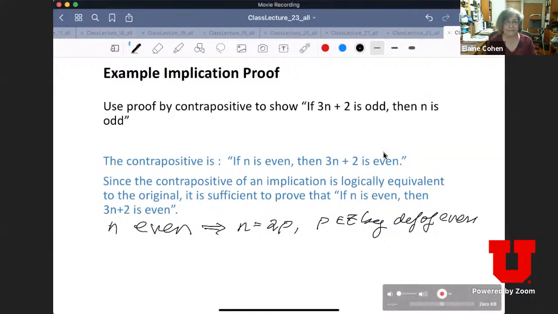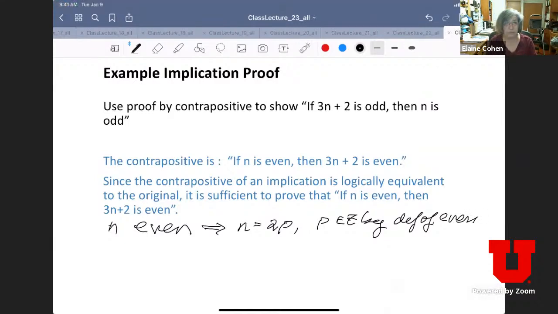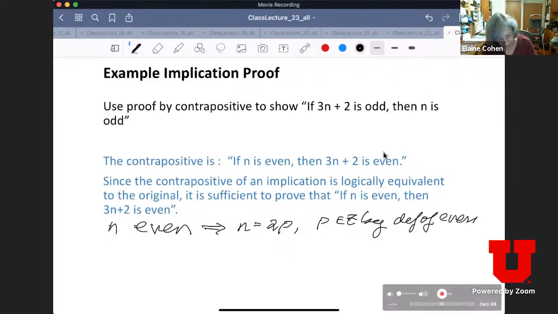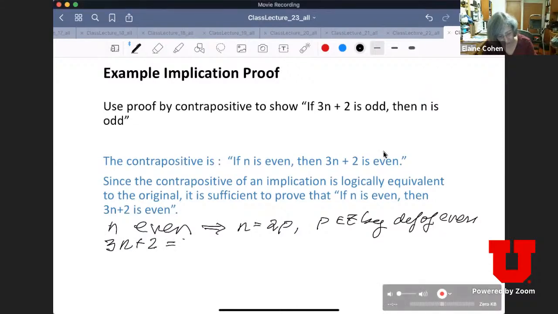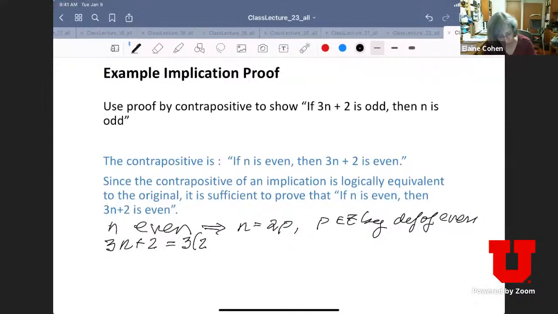We good on that? Good. So what does that mean? So then we substitute 3n + 2 is equal to 3 times 2p + 2. That's just substitution. And then what do we do?